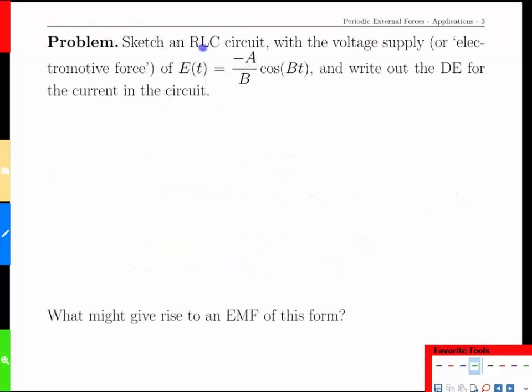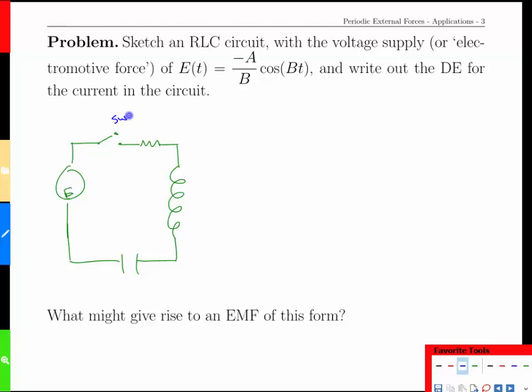Now, a new application we haven't considered is electronics. I'm going to draw a simple circuit here, and you don't have to know electronics to appreciate this, though it certainly helps. What we have in this circuit are a number of different components. We've got ourselves a switch here. That's what activates the circuit and completes it.